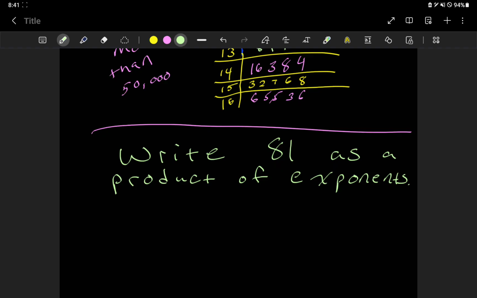Well, there are multiple different ways we can do this. Okay, well, 81 is 9 times 9. Well, that's 2 9s, so that's 9 to the second. So, that's an answer.